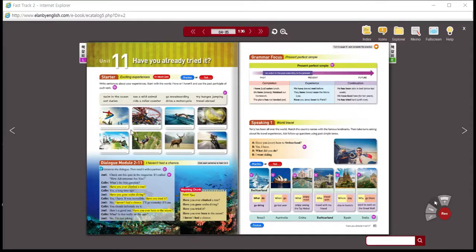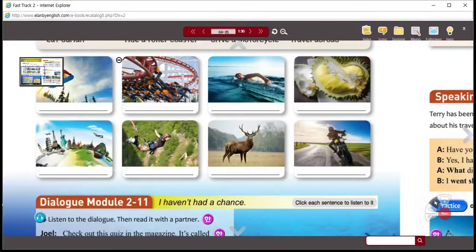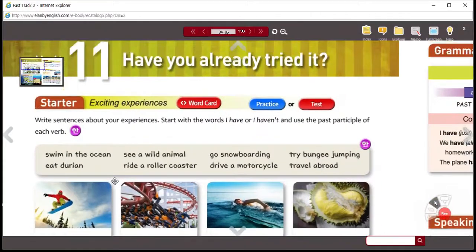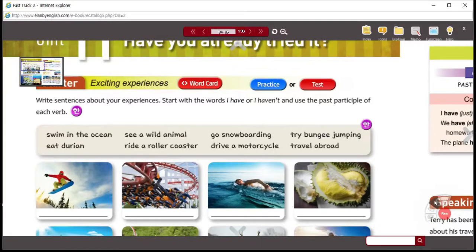Let's go to page 84 of Unit 11, and we're going to do the starter activity, as we usually do. What does it say? It says, write sentences about your experiences.